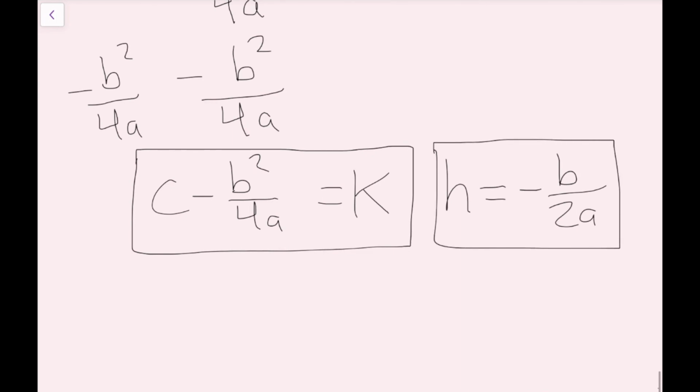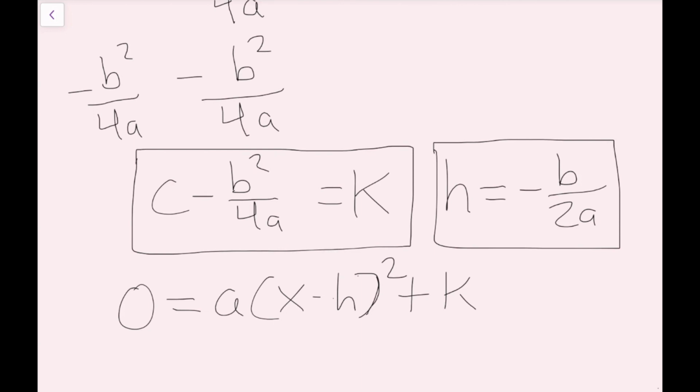So now what I'm going to do is plug these things into my vertex form and then solve by simplifying the quantity x minus h squared part, taking the square root of both sides, and then simplifying from there. So remember, for vertex form, when we want our y value to be 0, it's 0 equals a times x minus h squared plus k.